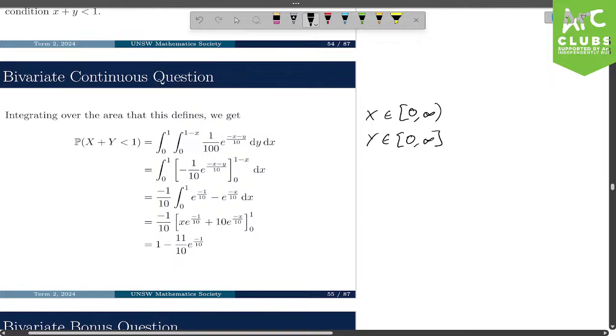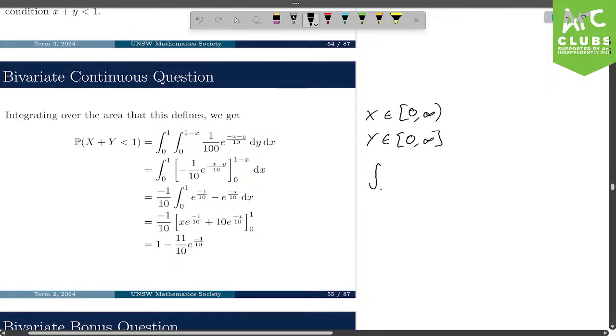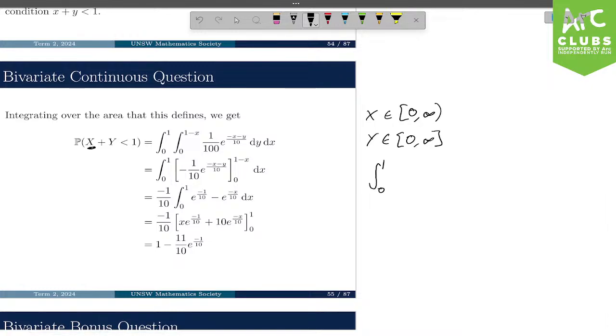Now, if we want the summation to be less than 1, well, rather, since individual probabilities have a value of 0, we can say that this is less than or equal to 1 and just do our integral stuff how we like. So the probability of this occurring, we take an integral from 0 to 1 because we know that x is only allowed to be at most 1, and both x and y are non-negative, okay? So we're only adding onto our number, we're only increasing it. So this is the boundary of x.